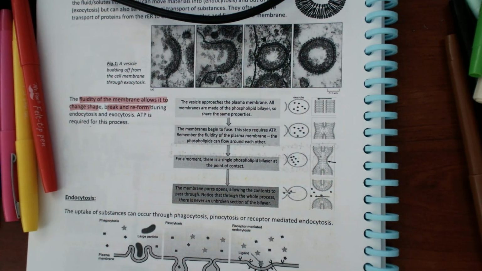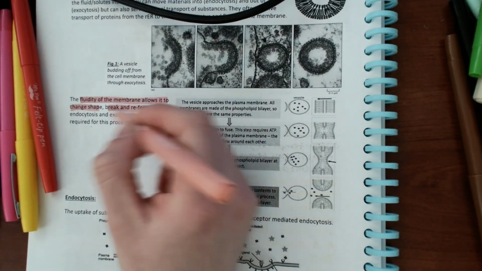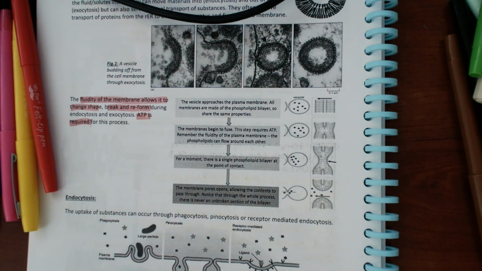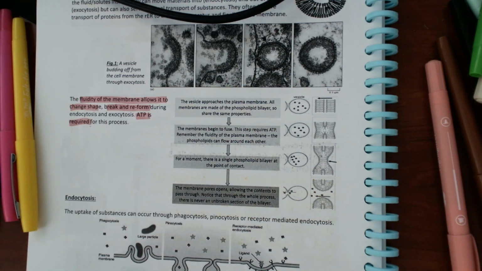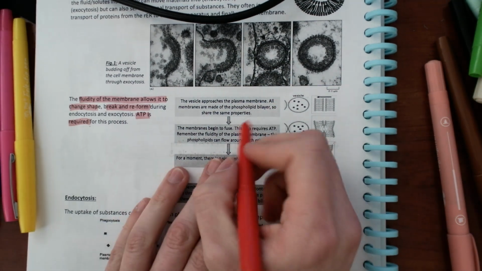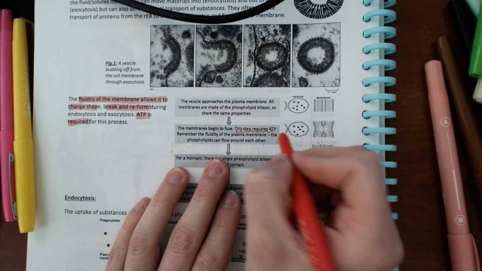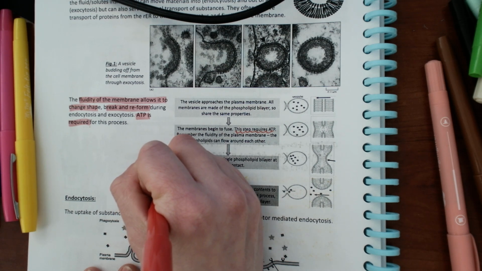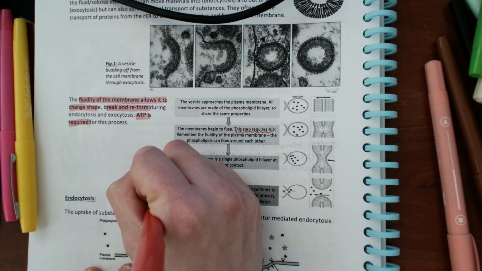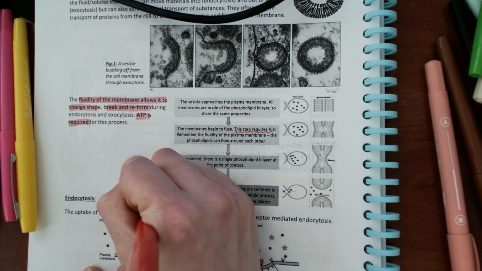During endocytosis and exocytosis, ATP is required for this process to happen. So, key things: ATP is required, and your bilayer is always connected.